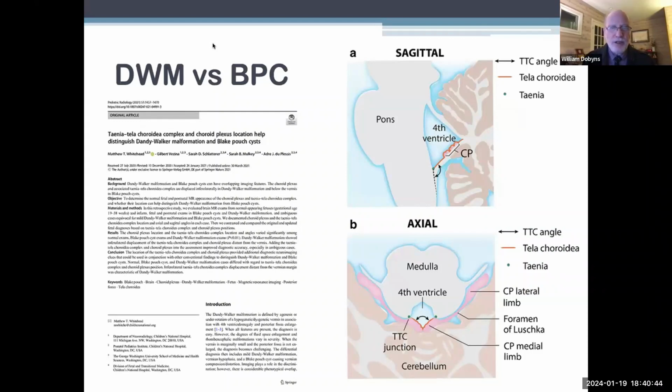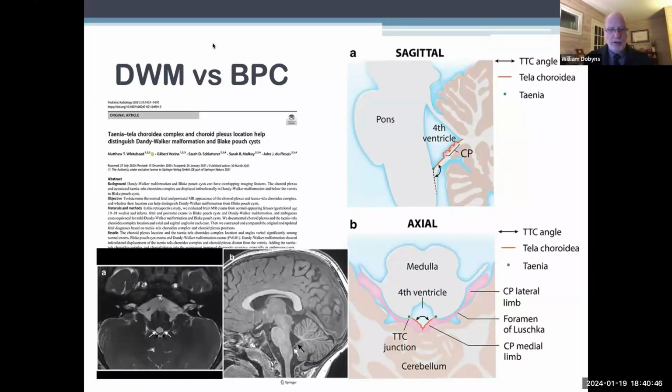And so what they're focusing on then is the choroid plexus of the posterior fossa and the adjacent connected structures known as the tela choroidea, or TTC. And so the TTC and the choroid plexus comprise the lower part of the roof of the 4th ventricle.